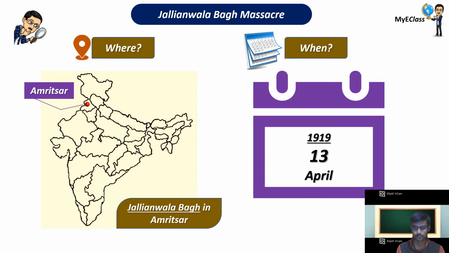And the answer is, please answer this question by observing the screen. The Jallianwala Bagh massacre happened on 13th April 1919.